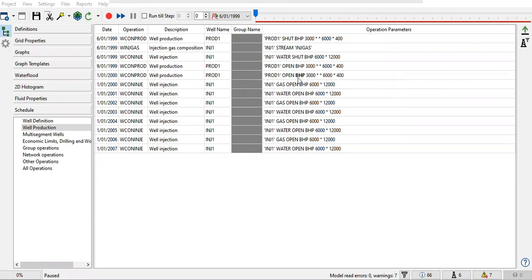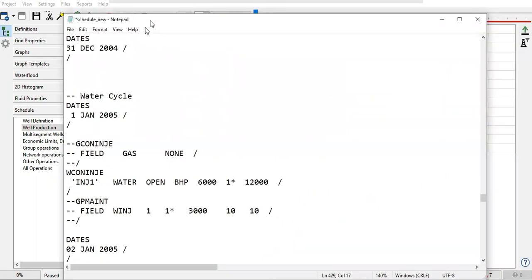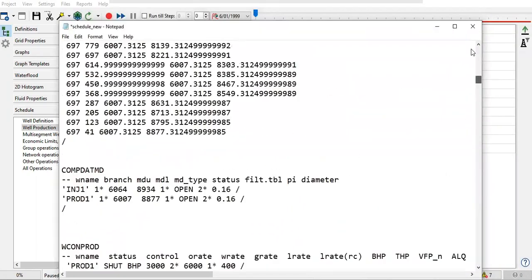Because we use bottom hole pressure as the control mode, the most important thing is the 400, not the 3,000 or the 6,000, right? Because the setting will be based on bottom hole pressure. That's what we set here. You can also change it to liquid rate or oil rate if you want by changing the keyword here. So let's go to wconprod.